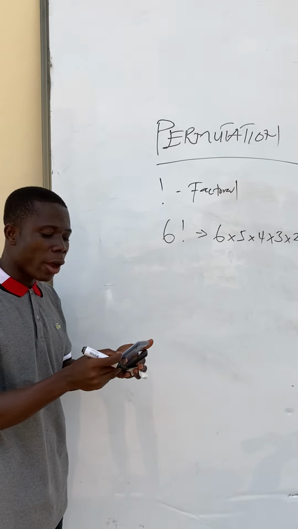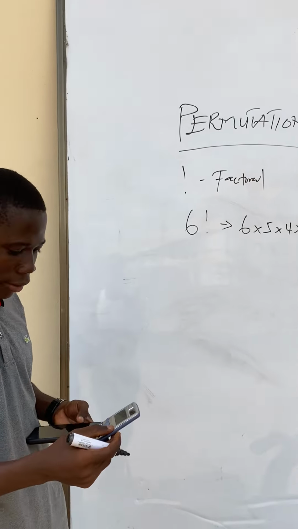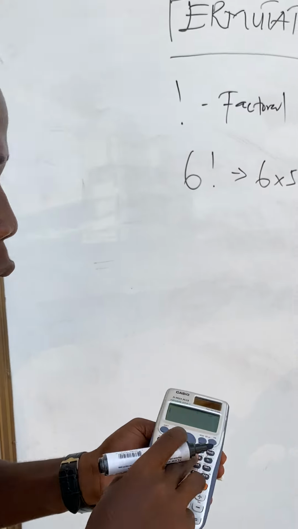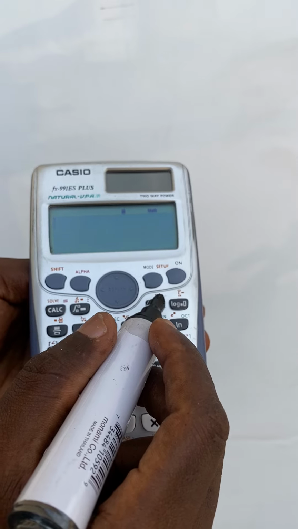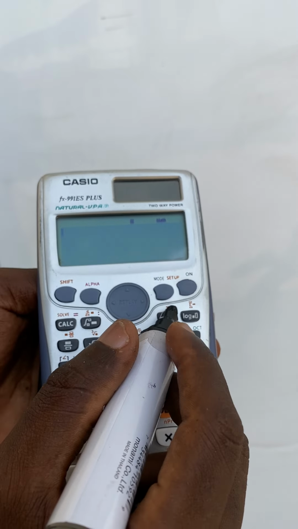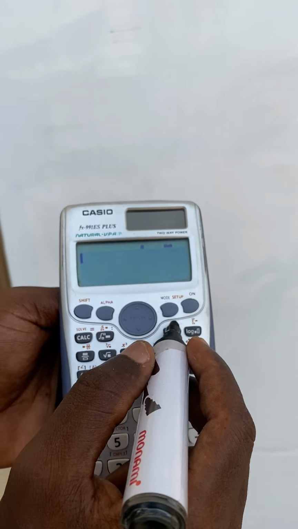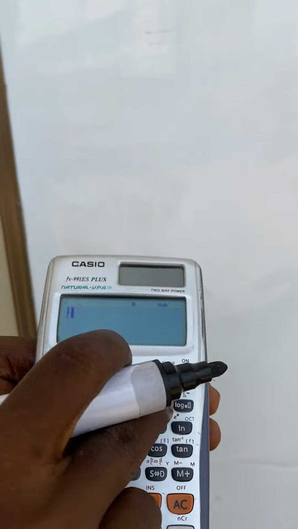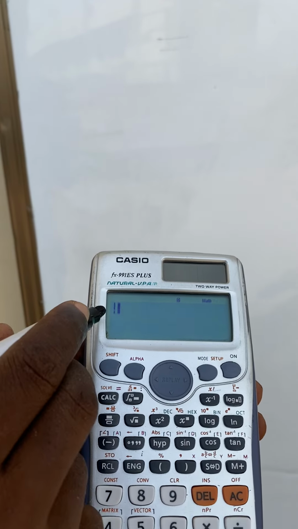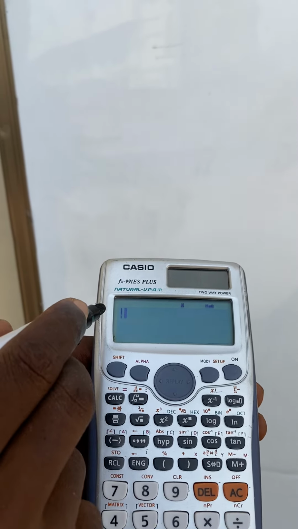And on a calculator, we have factorial. If you look here, we have the exclamation sign, and that exclamation sign is factorial on the calculator. To point it, we press shift.